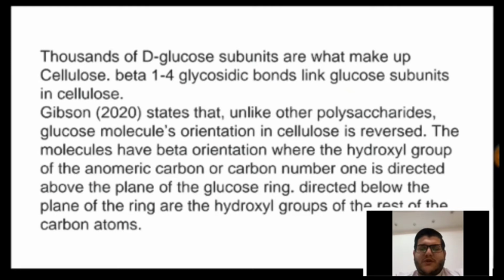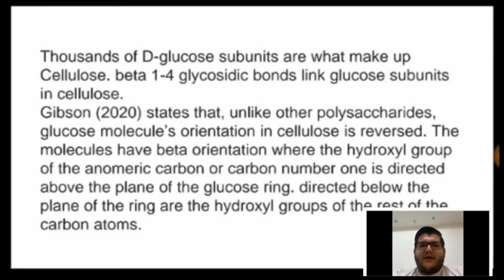Unlike other polysaccharides, the orientation of glucose molecules in cellulose is reversed. The molecules have a beta orientation, where the hydroxyl group of the anomeric carbon, carbon number 1, is directed above the plane of the glucose rings.